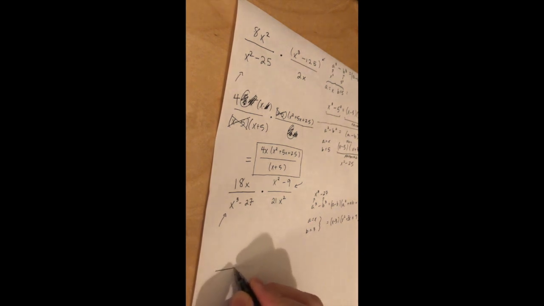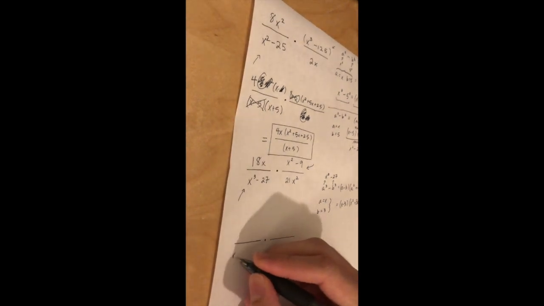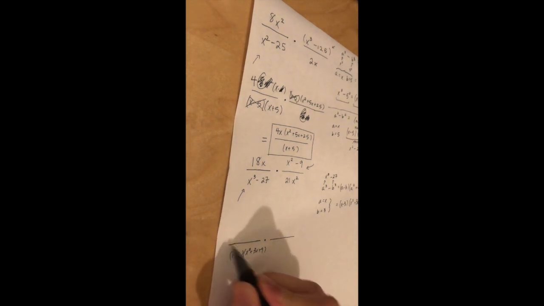So x cubed minus 27 is now going to become x minus 3 times x squared plus 3x plus 9. All that should be under this fraction here.